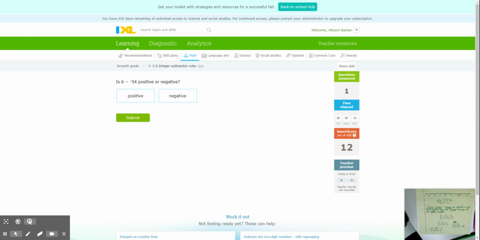Okay, let's do this one. Positive 6, take away negative 50. So change that. Add the opposite. So this is positive 6 and positive 50. They're both positive, so now the number is going to be positive. The reason we have to do that change first is because that negative 50 could look very deceiving.